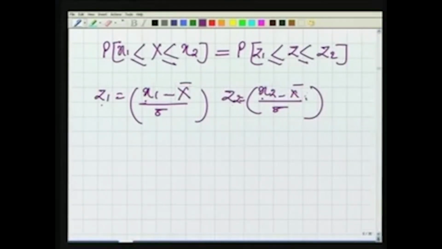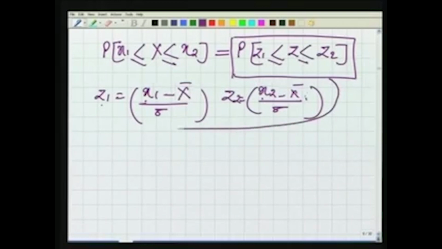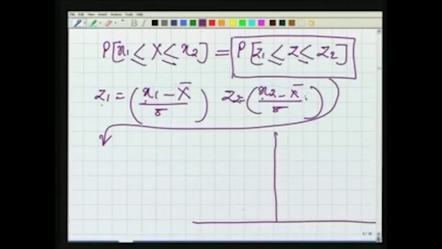If we have done so, we would like to determine the value of this, because we are saying that it is possible to find this value from the standard normal curve tables. How to find this value? This value we can write further, and to explain that I am drawing again my standard normal curve here.